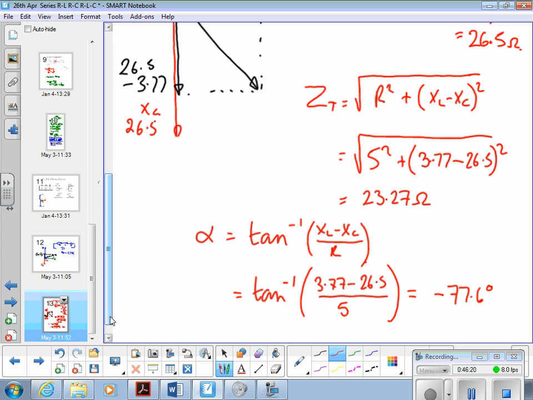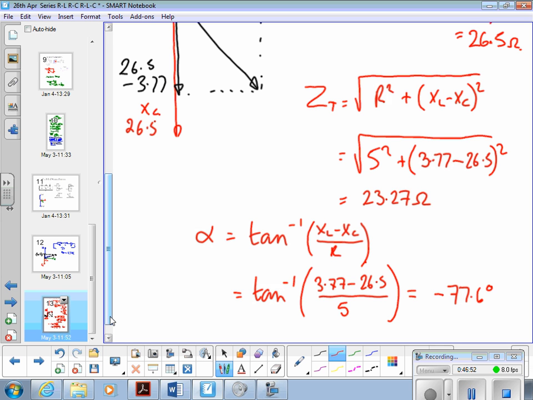Yeah, because doing that like that is going to make that negative, and therefore your angle's going to come out negative when you put it in the tangent button you calculate. Quite handy doing it that way. Work out that figure. That's why I said you must always do XL minus XC. So if you do, you correctly get the negative angle that you calculate.